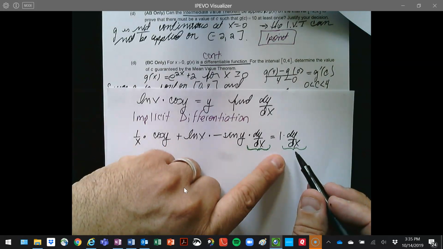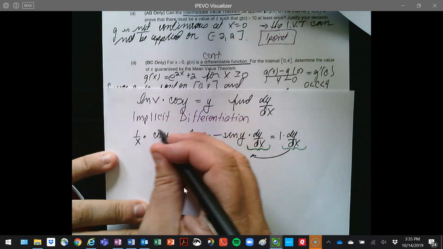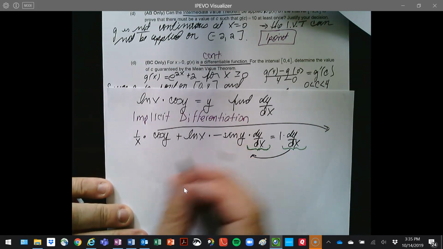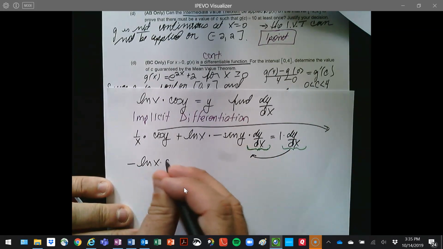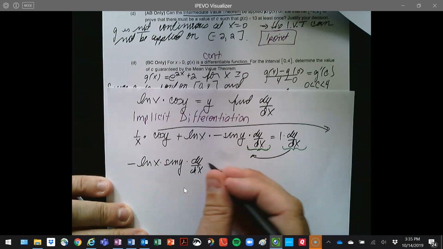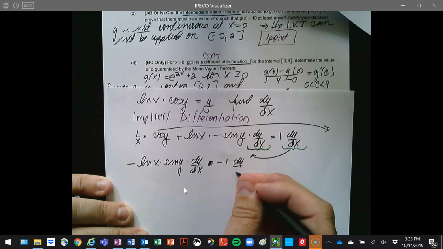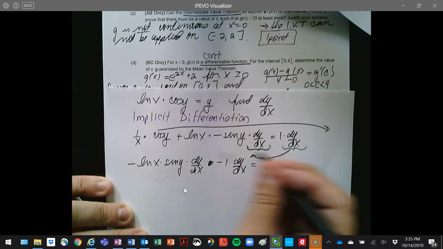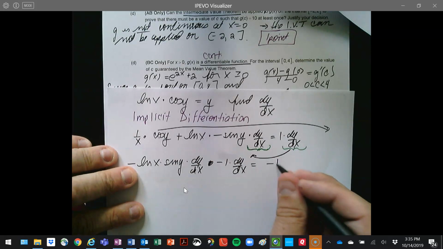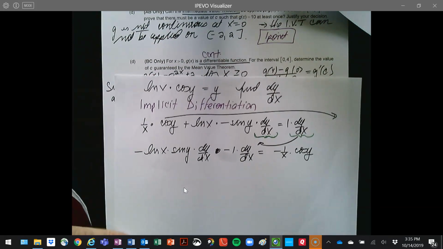I see the 1 dy/dx on the right. I want to move this guy over, and I want to move the 1 over x times cosine of y to that side. So my new expression will be negative natural log of x times sine y dy/dx minus 1 dy/dx, because I'm subtracting the 1 dy/dx to the other side, is equal to the negative of 1 over x times the cosine of y.